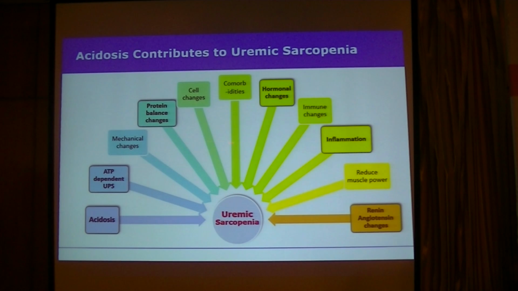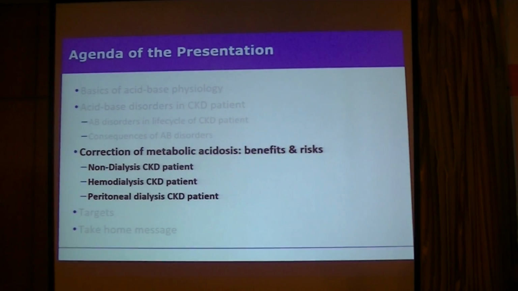So altogether, we know that the acidotic state is affecting uremic sarcopenia. It's not only the muscle which is affected, but certainly there is a way to catabolize other tissues. So why keep the patient acidotic when we know that there is a lot of interaction, and the acidotic state also amplifies the action of inflammation and of renin-angiotensin? So we have to act on this acidotic state.